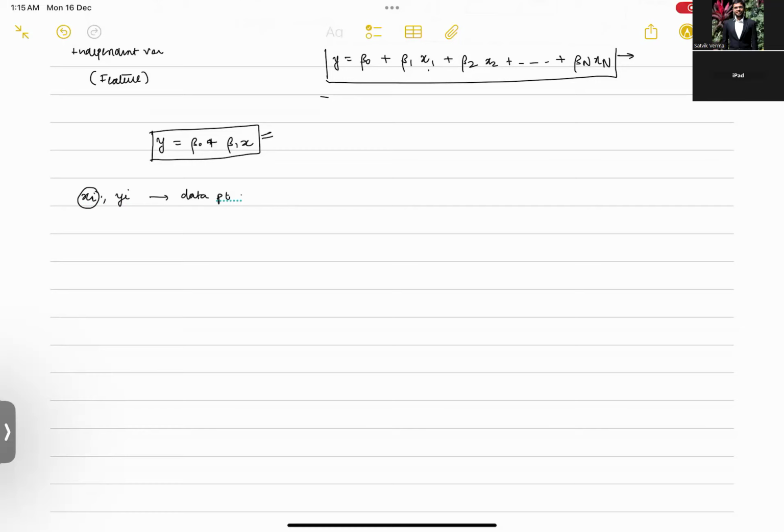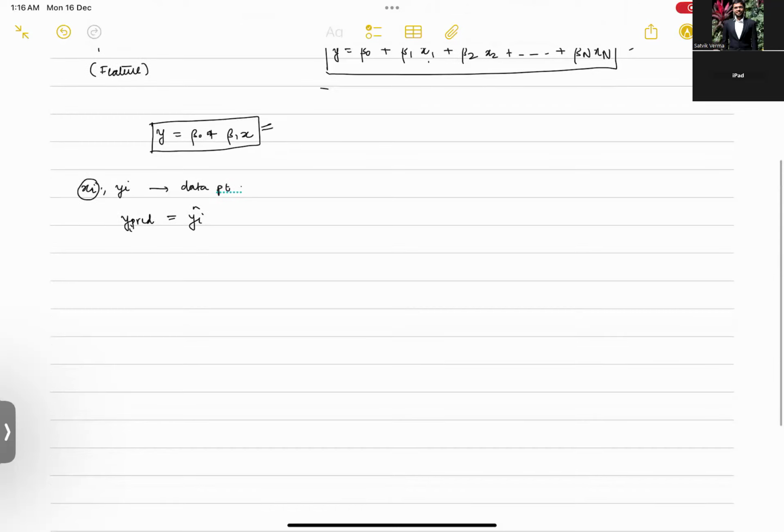So we will say that y predicted, we'll call it yi cap. All right, this is the predicted value. So yi cap is simply beta naught plus beta 1 xi. So that is the value of the target variable that has been predicted by the linear regression model that we used, right?